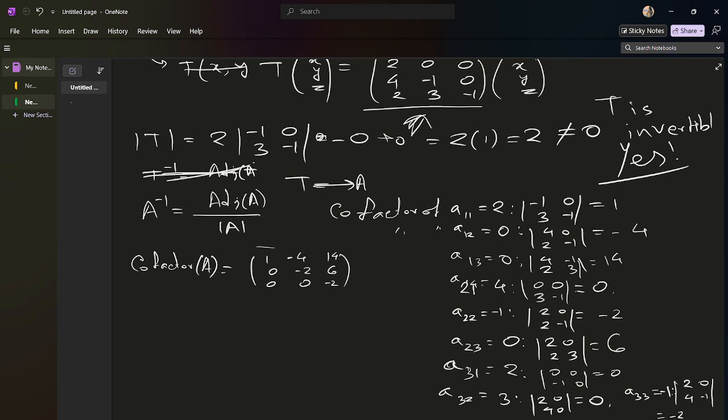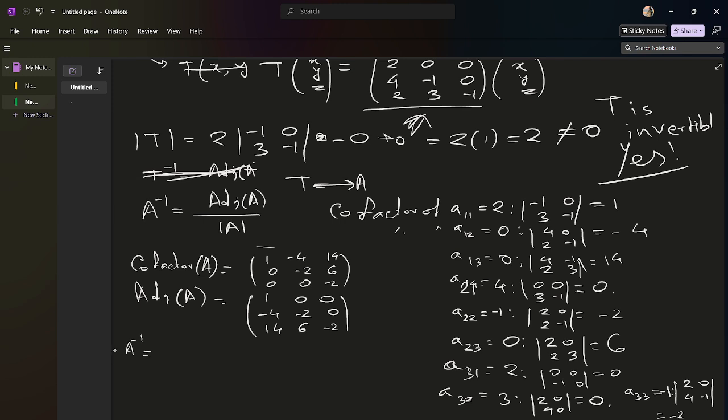So what will be the adjugate of A? The adjugate of A will be just the transpose of the cofactor matrix. Now we have to compute A inverse.